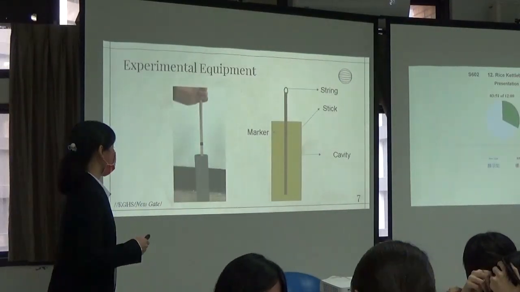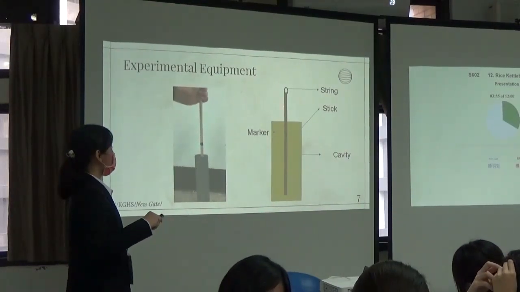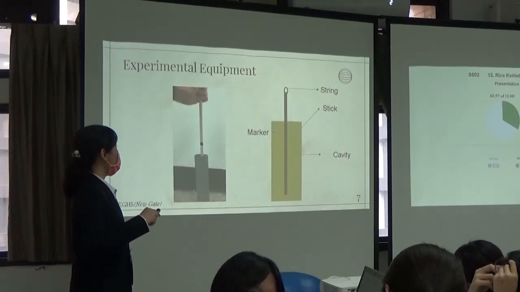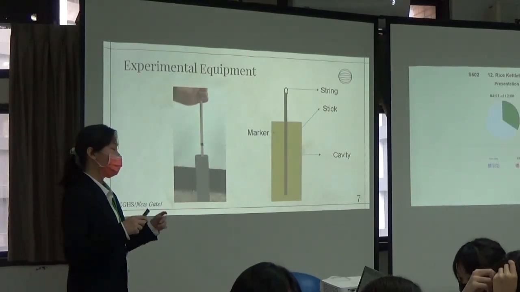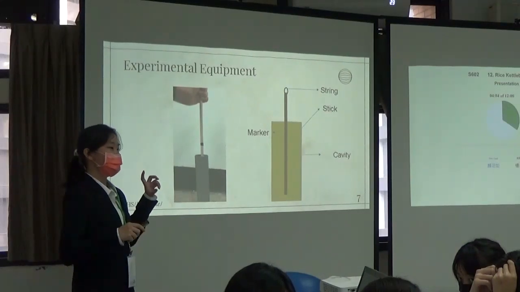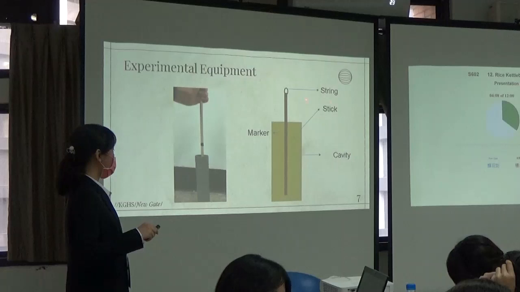First, this is our experimental equipment. We have a vessel here, and a stick which we put in. On the stick, we put a marker, so we can control how deep the stick is inside the vessel, which has rice or filler. Next, we have a string on top.